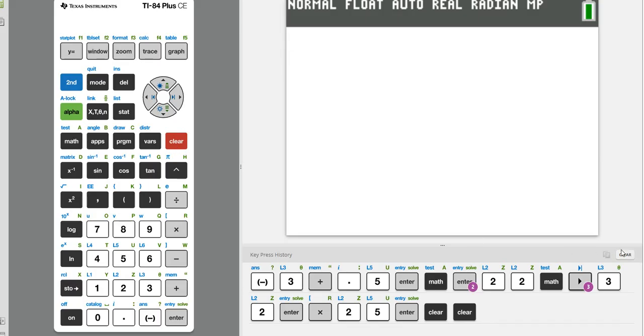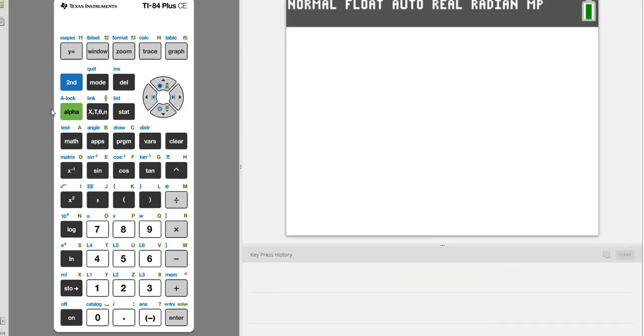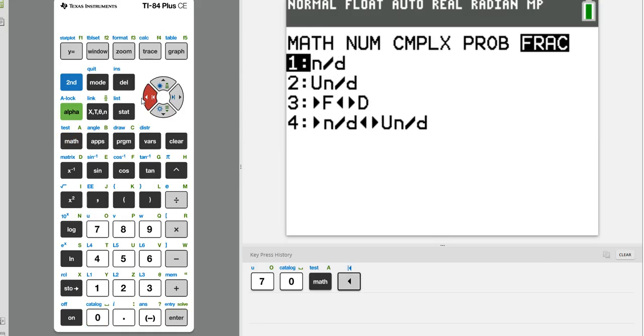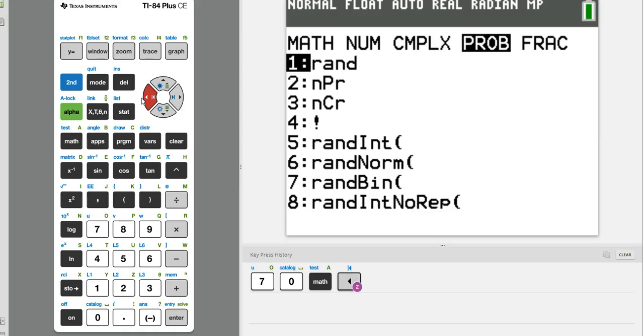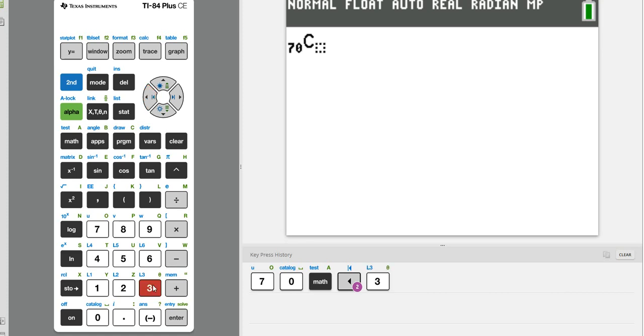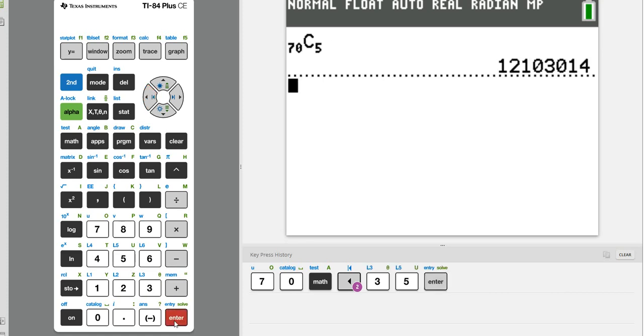So let's see. 70 choose 5. Should be a pretty big number. 70 choose 5. 12 million. Woohoo! All right, so the first one is going to be 12 million 103,014 times.